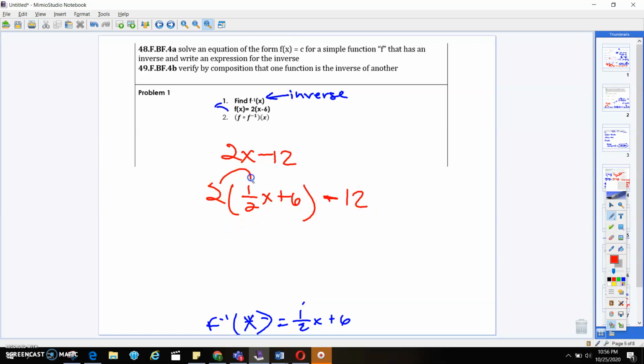So when I do that and I multiply out, I get x plus 12 minus 12, and that'll give me x.